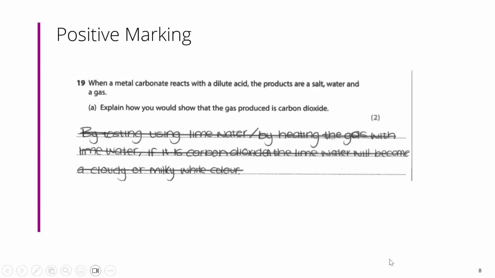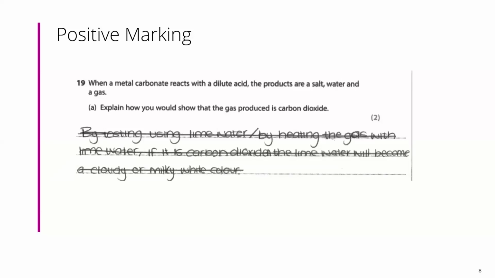This is a question where a student has given quite a nice response. They've been asked basically to describe the lime water test for CO2, and they've described it reasonably well. They've got used lime water was turned cloudy or milky, so that would be worth 2 marks, but they've crossed it out.